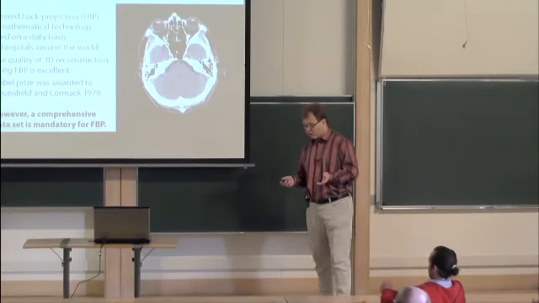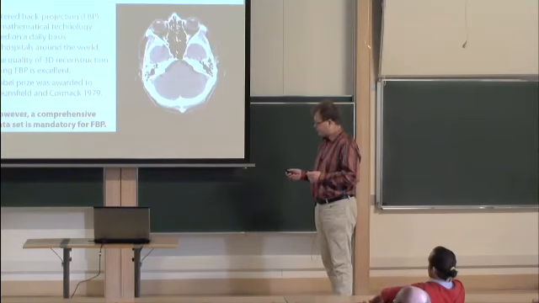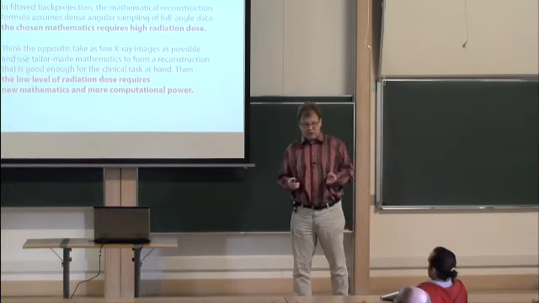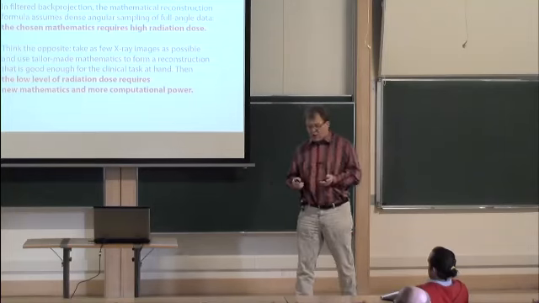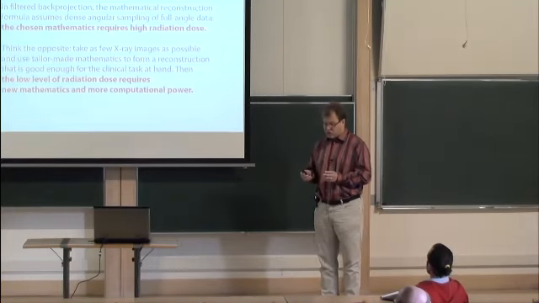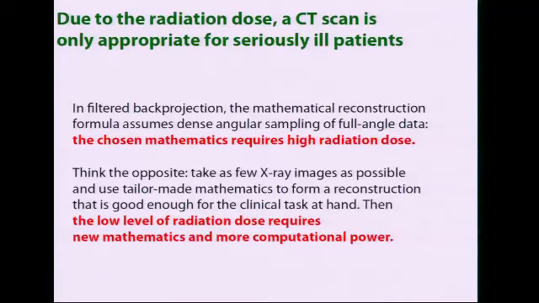Especially it is important that one measures from all angles. And because of this, one uses lots of radiation. So in one way one could say that the reason that we have chosen the filtered back projection formula causes us to need data that causes lots of radiation for the patient. So you don't do it that easily.